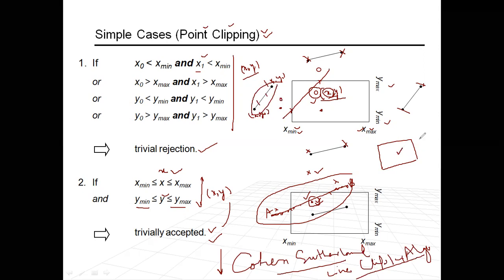The portion lying outside the window or viewport will be considered the invisible portion. Whatever amount of the object is lying outside should be discarded, and the portion lying within the visible region should be accepted. So after clipping you will get this.